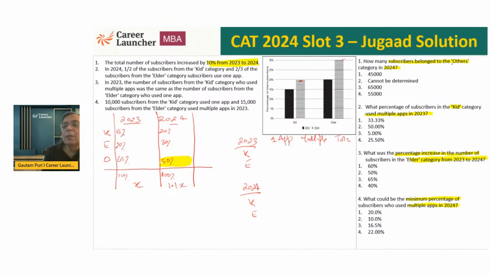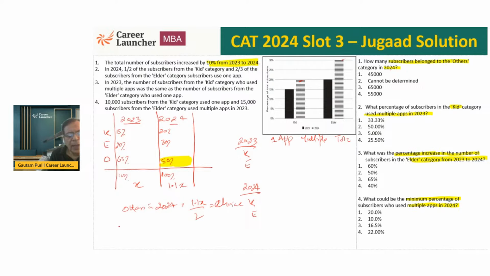How many subscribers belong to others category in 24? If the total is 1.1X subscribers, the number of others will be 1.1X by 2. Others in 2024 should be 1.1X by 2 because it is 50%. This should be equal to my answer choice.